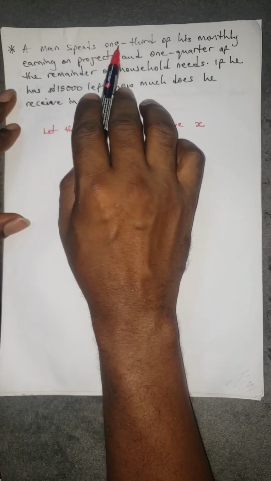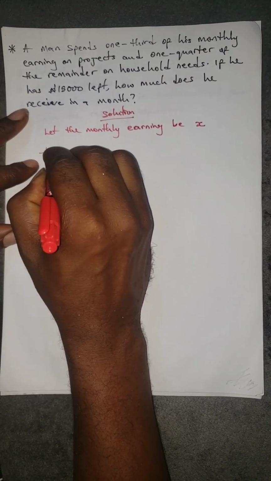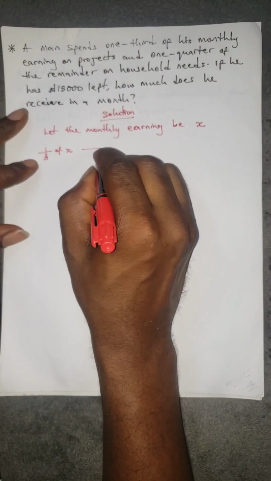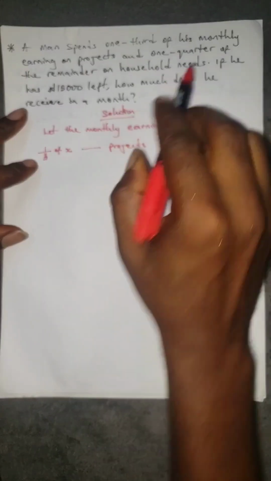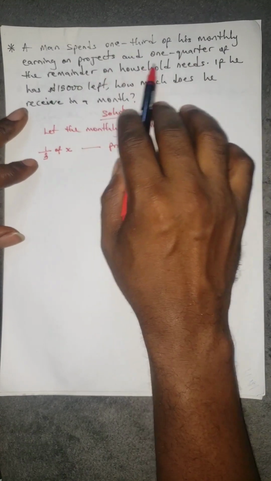A man spent one third of his monthly earning. So one third of x on project. So that is project. Then one quarter of the remainder on household needs.